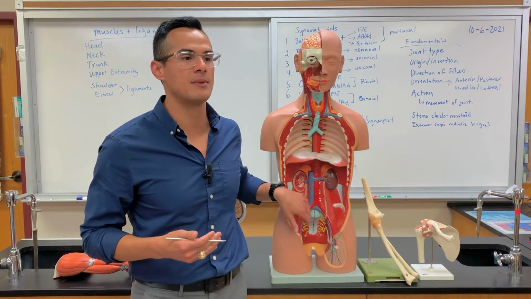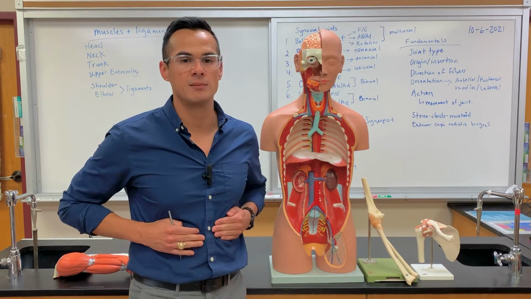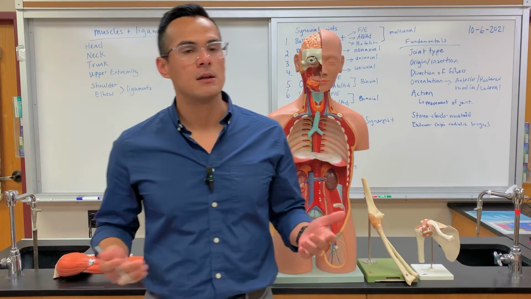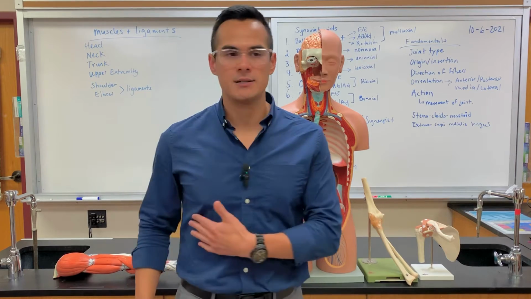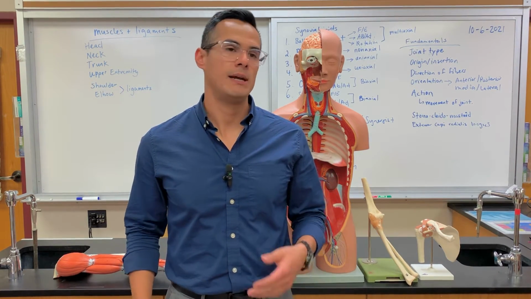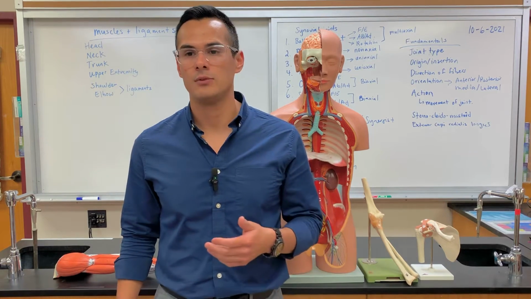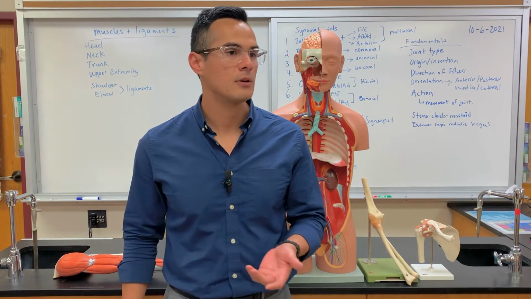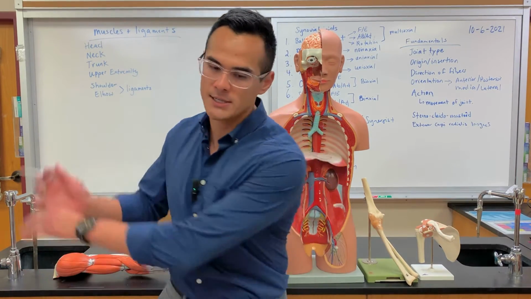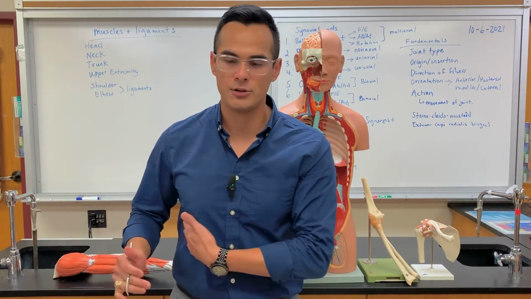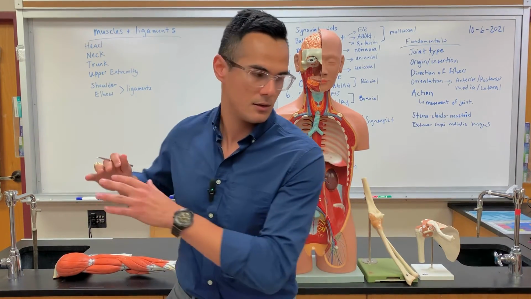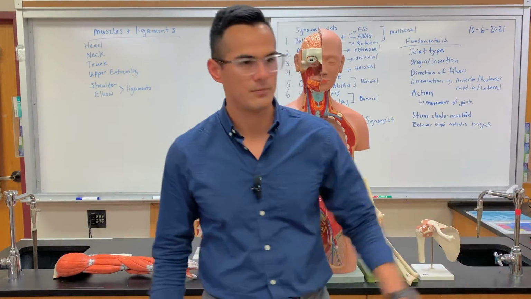The transverse abdominis is going to help to compress some of the abdominal contents, but the obliques are helping to rotate the trunk. So if you think about if you play baseball or golf, in the motion when you're going into the backswing, you're using your oblique muscles to rotate the trunk this way in order to go through the ball.